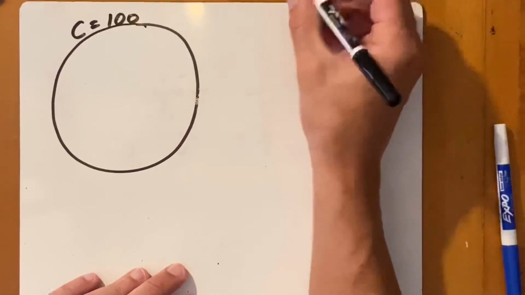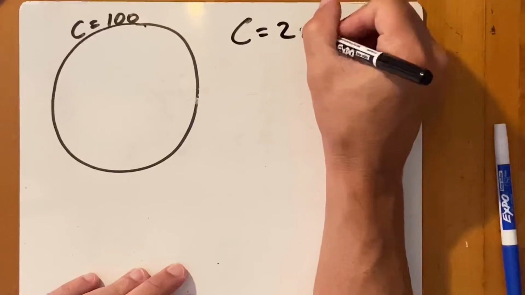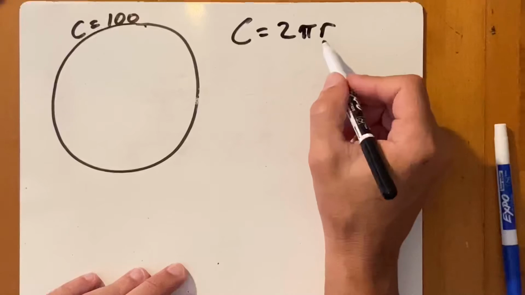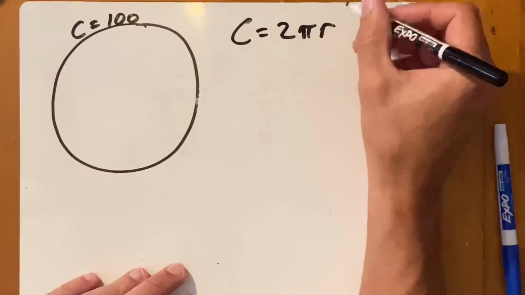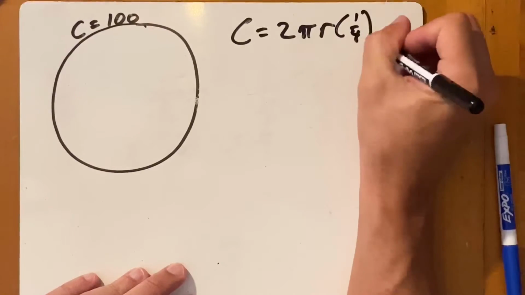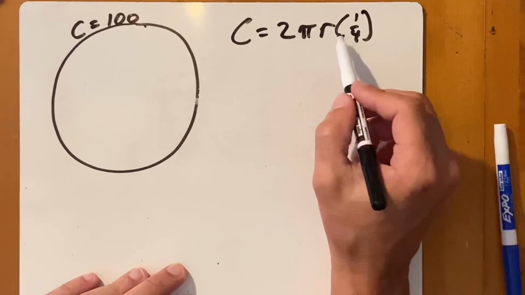All right, so to find circumference is 2 pi r. So if I take the radius and I divide it by 4, whatever that might be, then I'm basically going to multiply that radius times 1/4, which is also going to divide the circumference by that same scale.